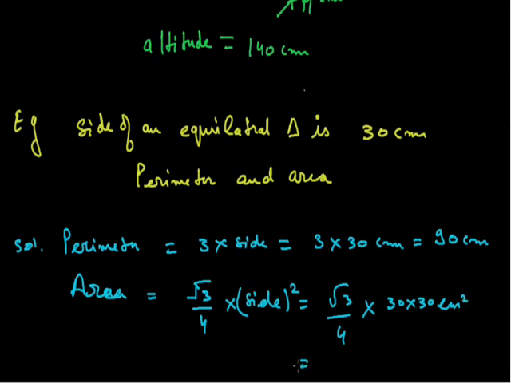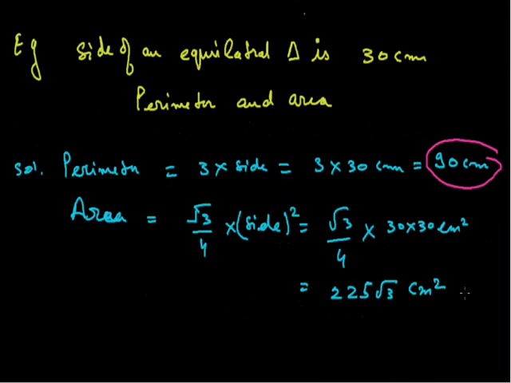It comes out to be 225 root 3 square centimeter. So this is the perimeter and this is the area of the equilateral triangle.